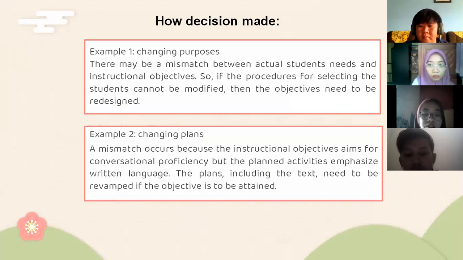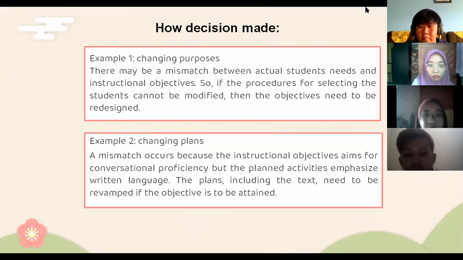Unfortunately, often the students who actually enroll in a course do not have exactly the same needs as the objectives that have been designed. So there may be a mismatch between actual student needs and instructional objectives. If the procedure for selecting the students cannot be modified, then the objectives need to be redesigned.